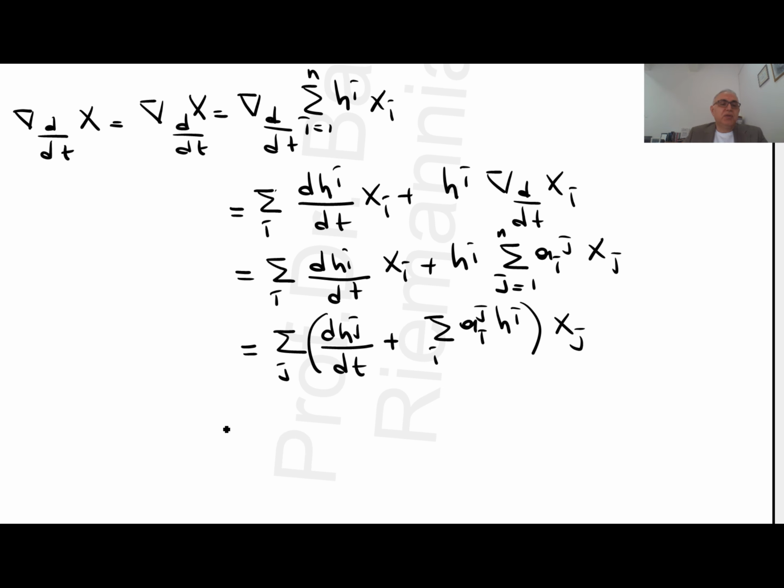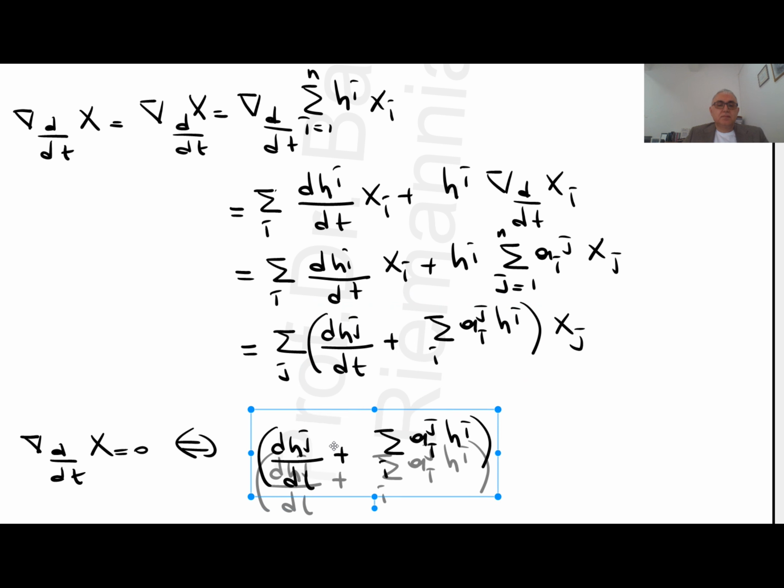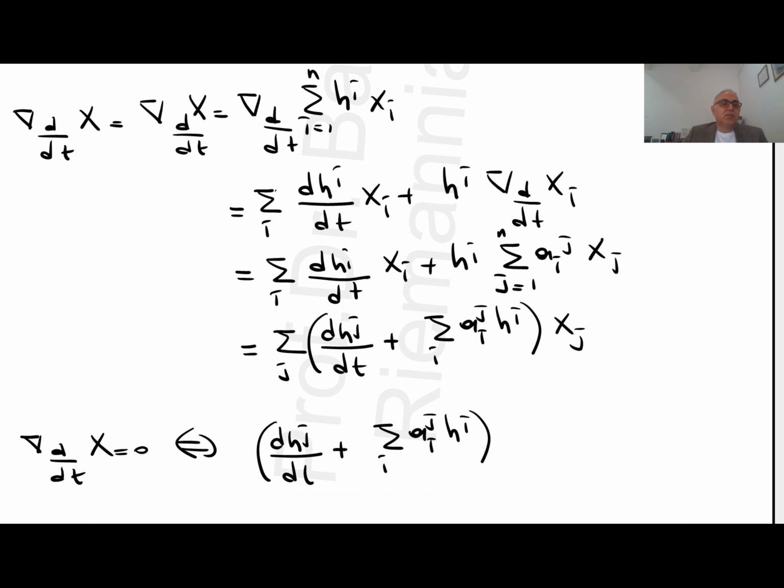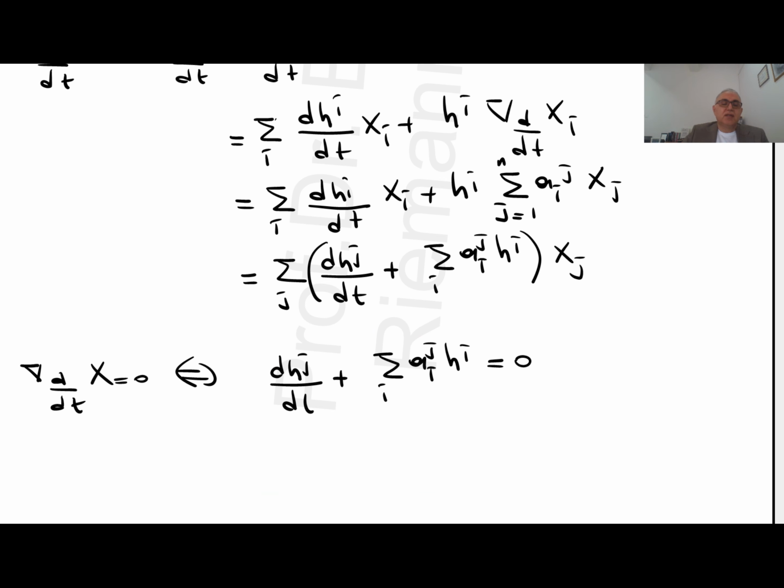Now, it means nabla D/dt x equals 0 if and only if you have this one. So let me remove this part. But if you look at this one, this is an ordinary differential equation.